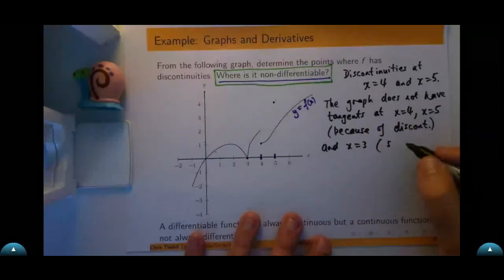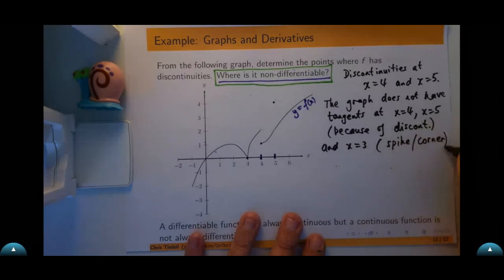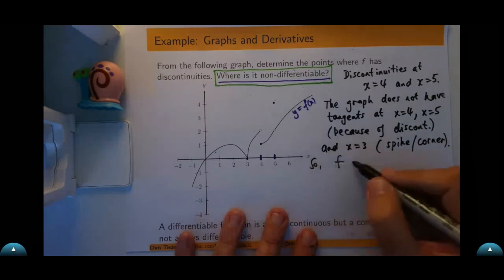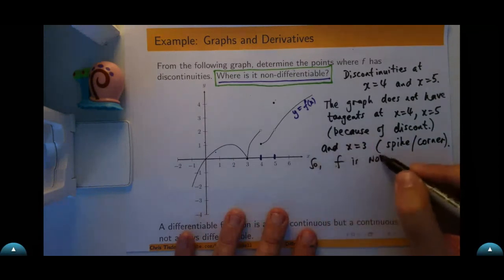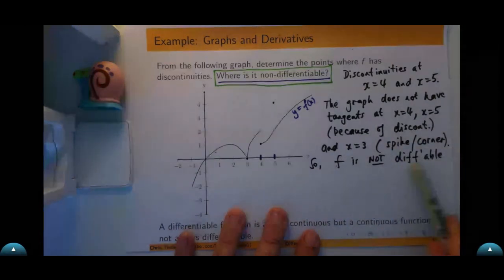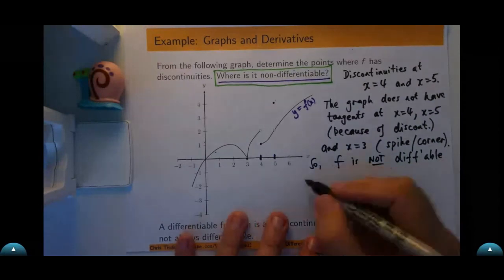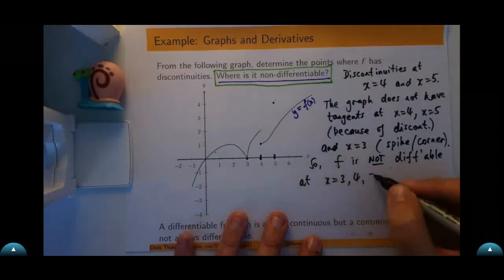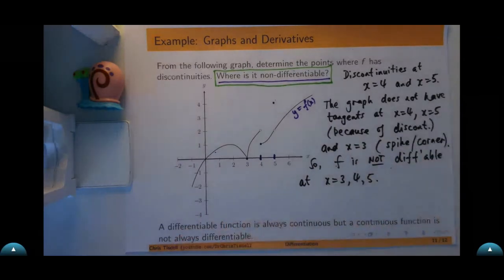This is like a spike or corner. Okay, so f is not differentiable. This is my way of summarizing: not differentiable at x equals 3, 4, and 5.